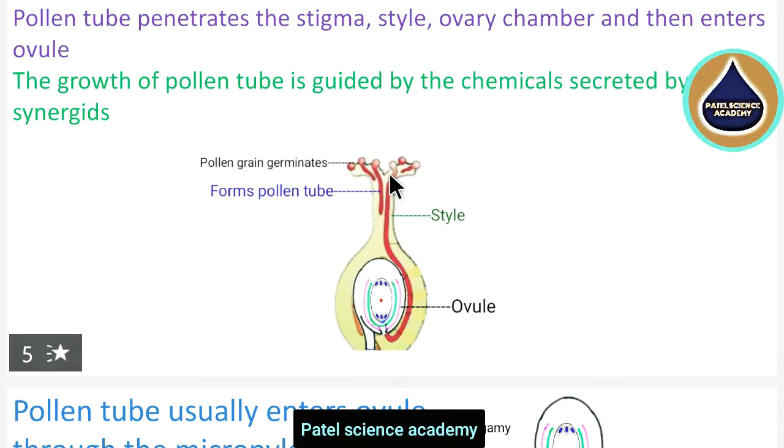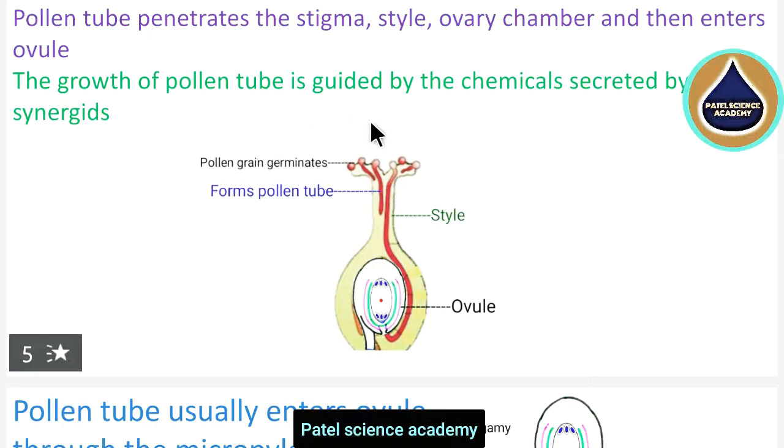What happened with that pollen tube? It enters into this style. As you know, this is style, this is ovary. So pollen tube enters into the style region, then from that style region it enters into the ovary region. From ovary region it goes into the ovules likewise.